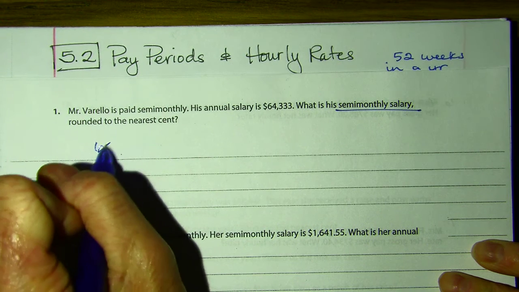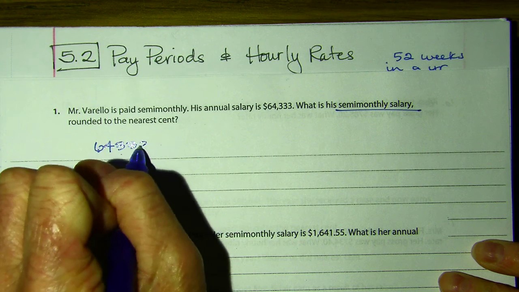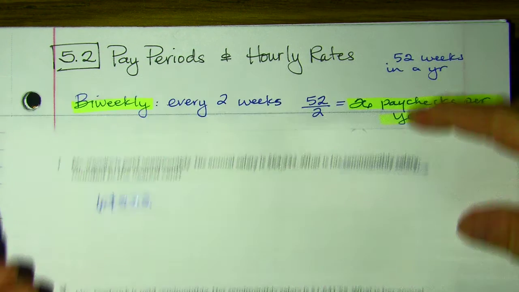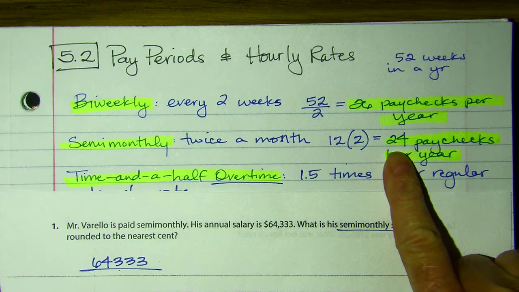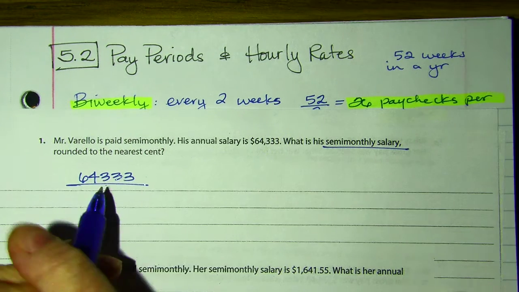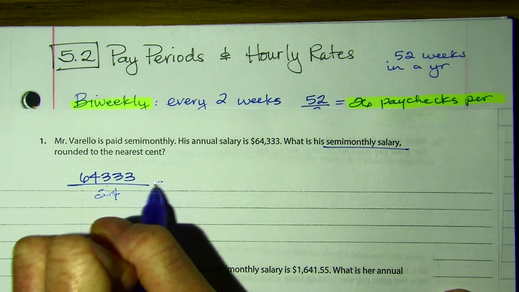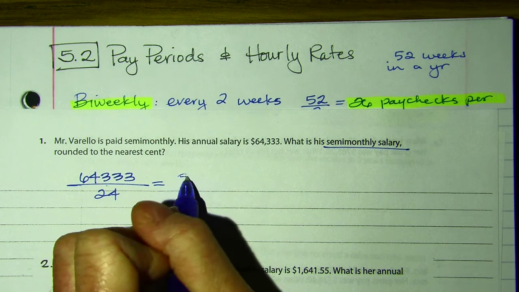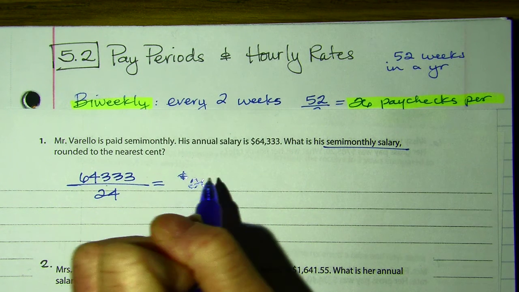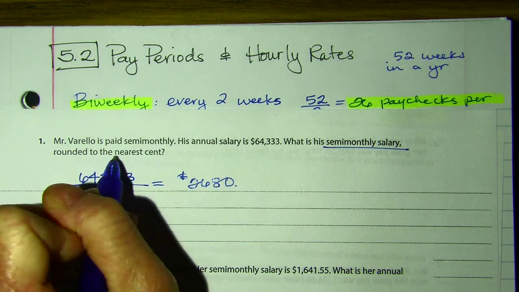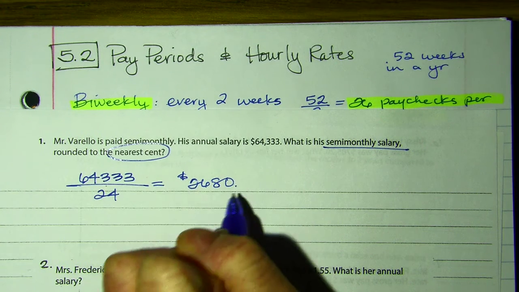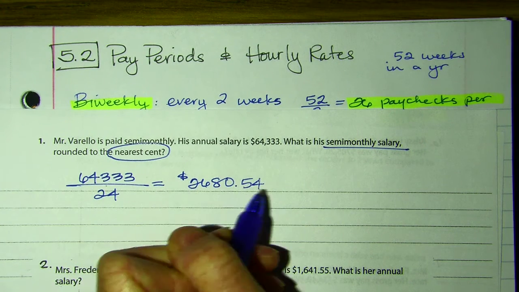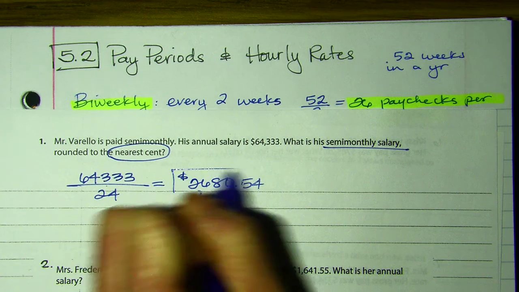So $64,333 for the whole year. If you need to refer back, semi-monthly means 24 paychecks per year. So if I divide that by 24, I got that each paycheck should be $2,680. It's said to round to the nearest cent, so my answer should have cents, like 54 cents.